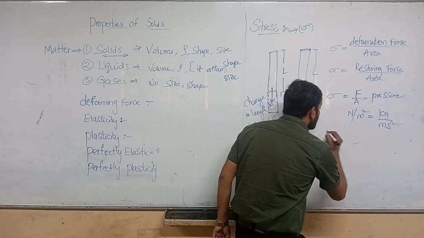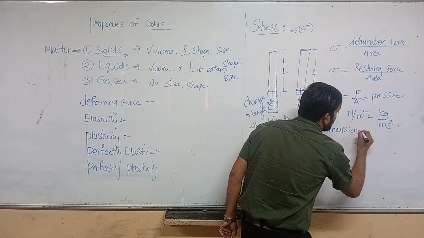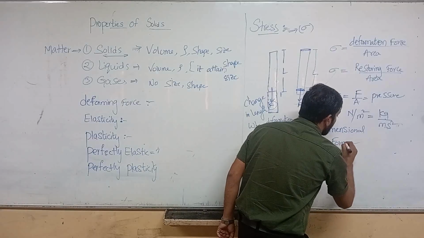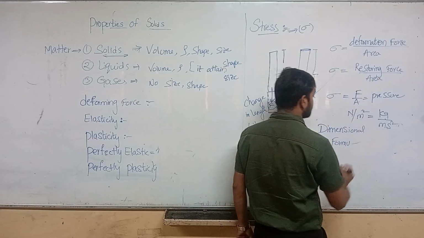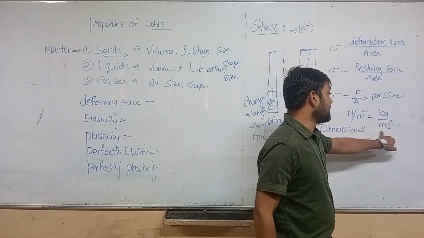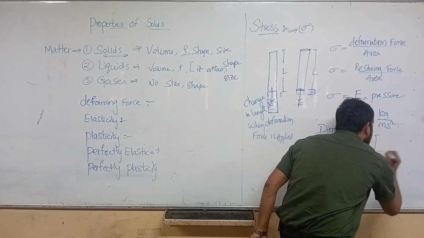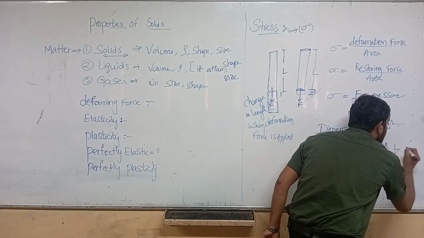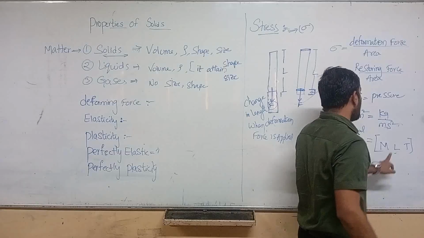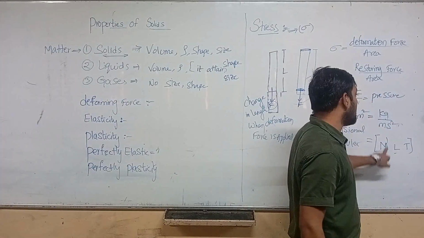And the dimensional formula. What is the dimensional formula of stress? Here we have kg, meter and seconds, so we take M, L, T. Mass is to the power 1.